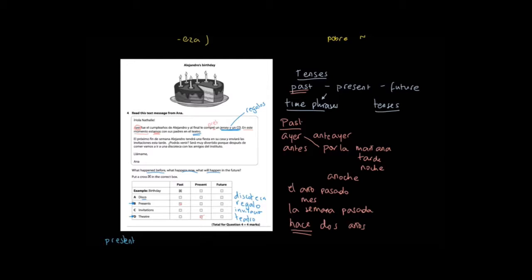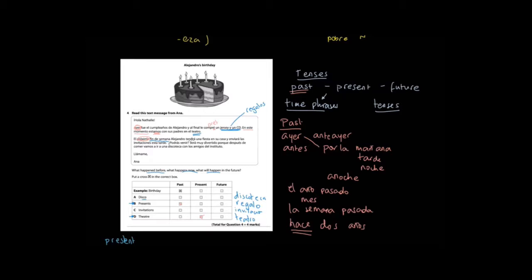El próximo mes, el próximo fin de semana, and remember this expression, okay, fin de semana. For some people, for some reason, some people tend to forget this fin de semana, weekend. El próximo fin de semana. So what have I got here? El próximo fin de semana, next weekend. So this is another future time phrase.